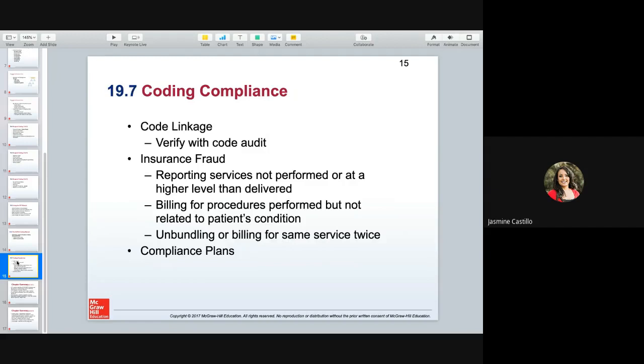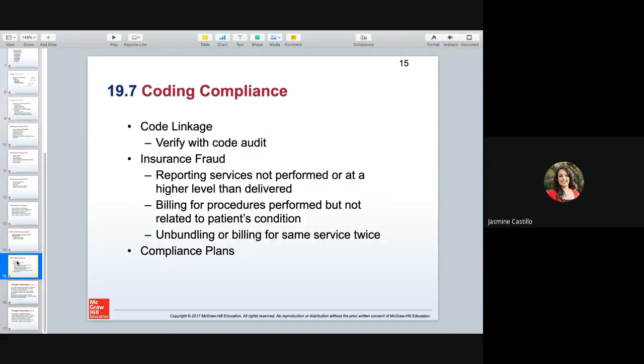So it's really important to avoid that as much as possible, because that can cause a lot of headache, can cause more work for everybody, and it just doesn't look good. And actually, if insurance fraud is committed and the physician is found guilty, they can lose their license. They'll have to pay a very large fine, and they can even possibly go to prison.